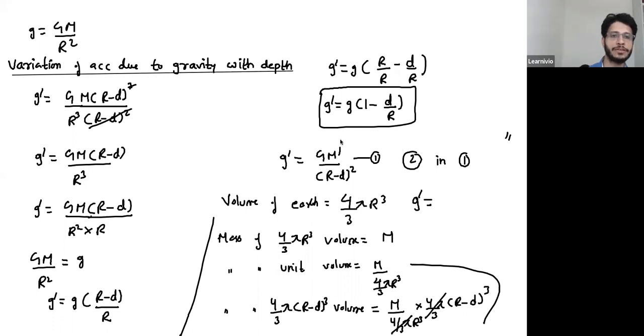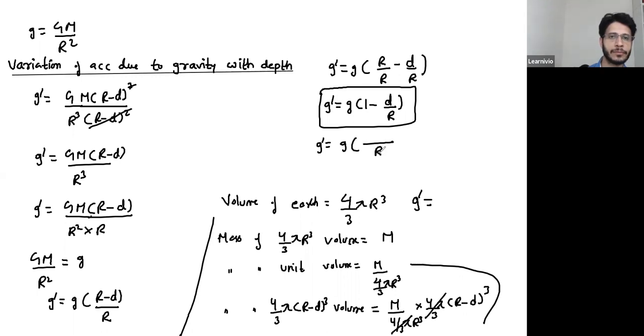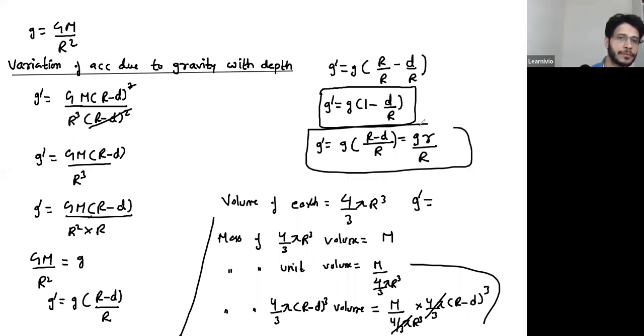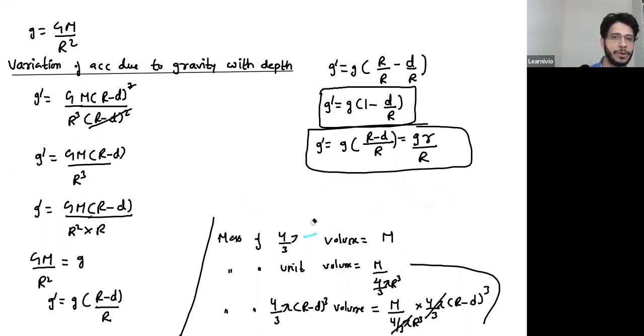Or you can just take LCM and write this as r minus d. If you look at the figure, this r minus d is basically small r. So this is g r by capital R. So these are the expressions for the variation of acceleration due to gravity with depth.